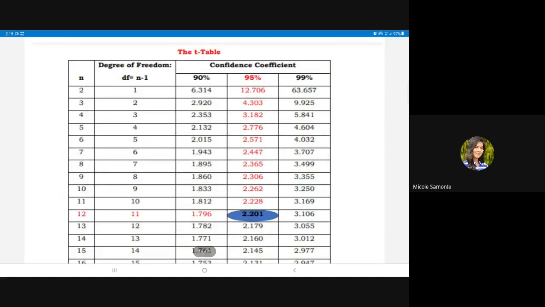In a layman's term, para maintindihan natin ang degree of freedom, let's say for example, you have 5 kayo magkakaklase, and then kayo 5 magkakaklase, pangangalanan natin as classmate A, classmate B, classmate C, classmate D, and classmate E. Si classmate A ay merong 5 klase ng tsokolate ay papamigay sa inyong 5.